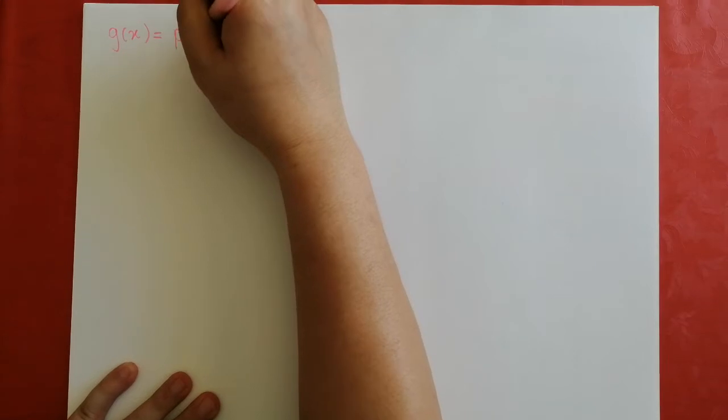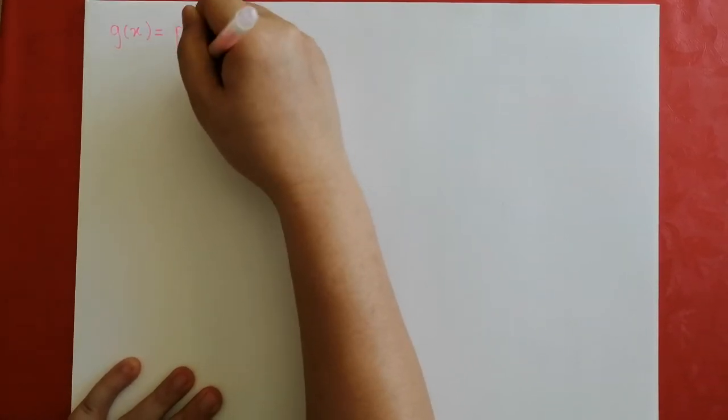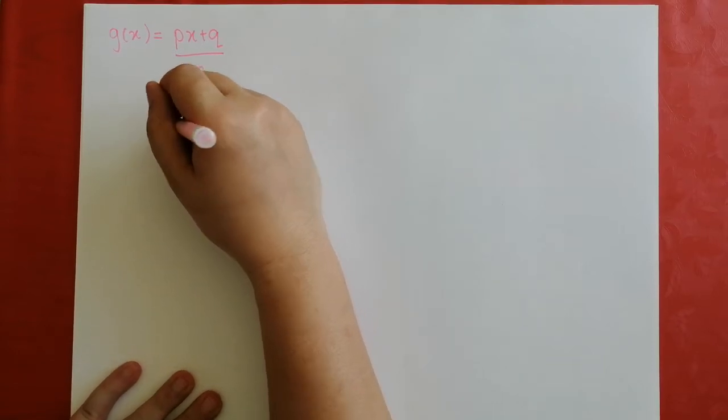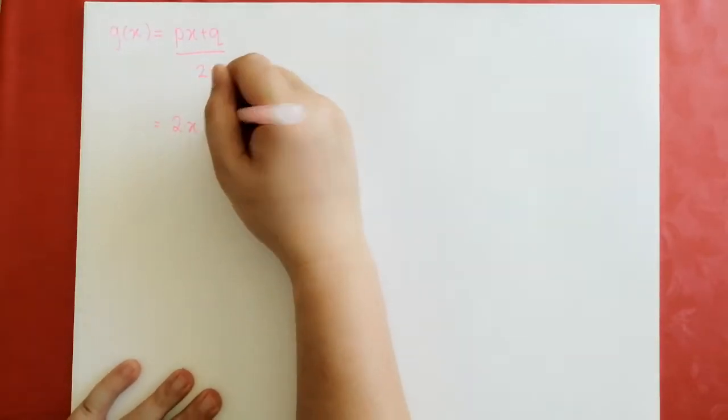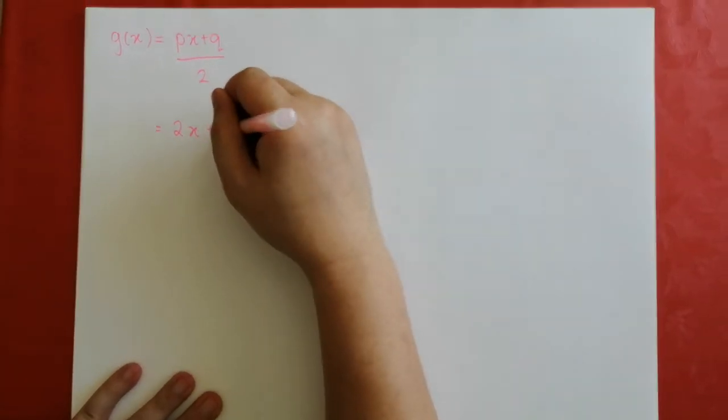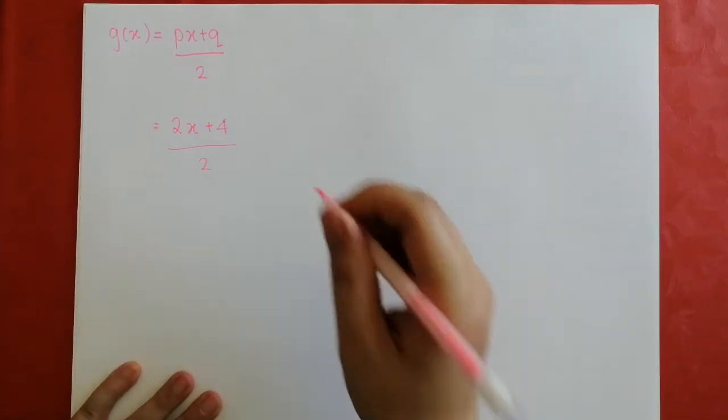Moving on to part A, part 2, where you are asked to simplify function g. You know function g is (px plus q) over 2. The p value is 2, so you get (2x plus q), and q is actually 4, over 2.